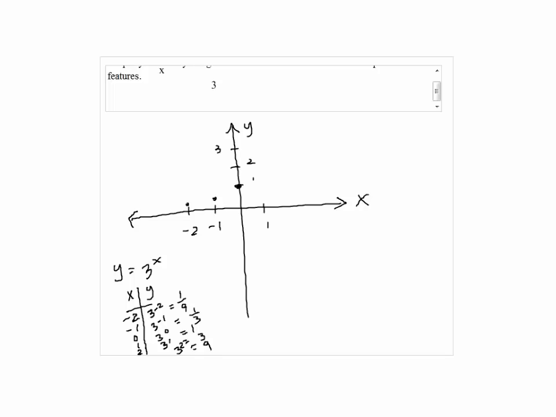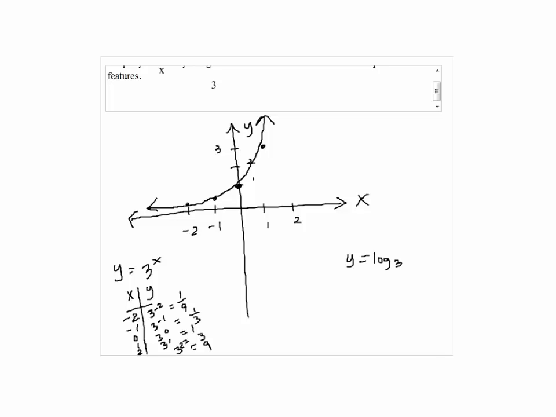When x equals 1, y is 3. And when x equals 2, y is 9, so way up here. So basically the graph looks like this. And notice that the graph never touches the x-axis.